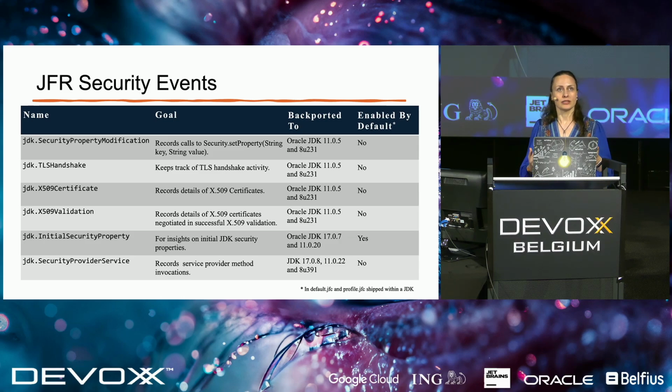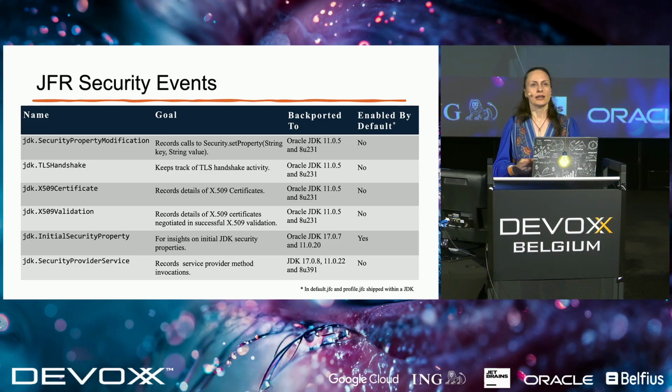They are disabled by default, but you can enable them. As they are important, they were also backported to the LTS versions of the vendors, hopefully. I can vouch here for Oracle, hence why you see that Oracle JDK version there.